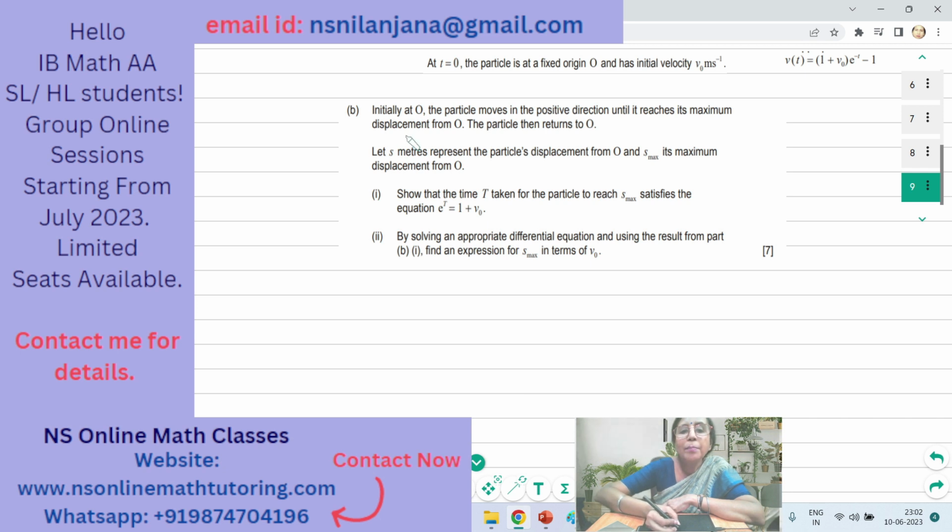So coming to subpart B, it says initially at O, the particle moves in the positive direction.